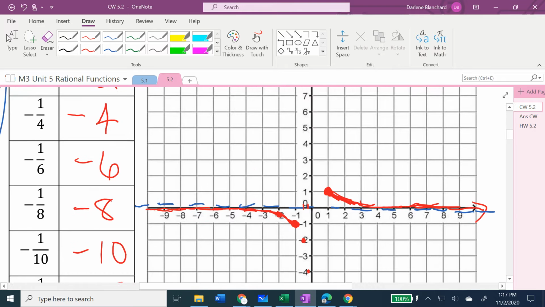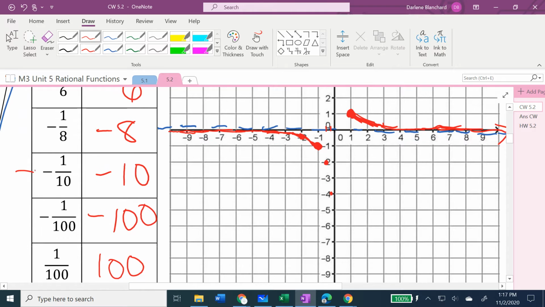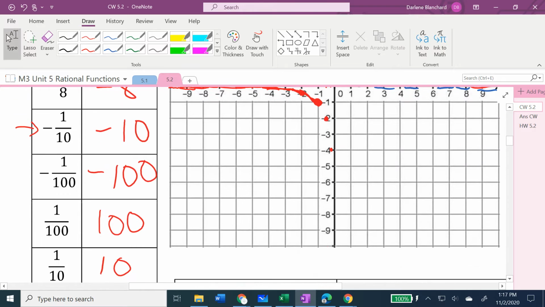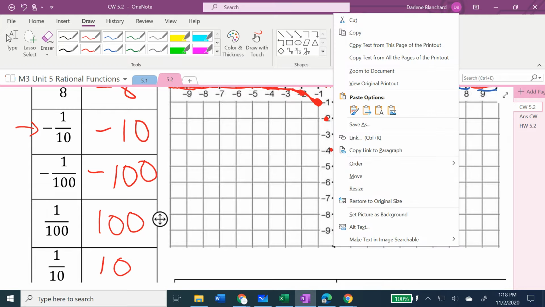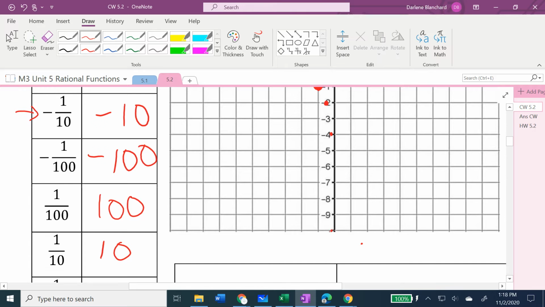And then I didn't want to put in too many numbers because it's tiresome, but let's go down to plotting this the best we can. When x is -1/10, I'm down at -10. But it's so close to the y-axis, it's hard to tell that it's not on the y-axis.